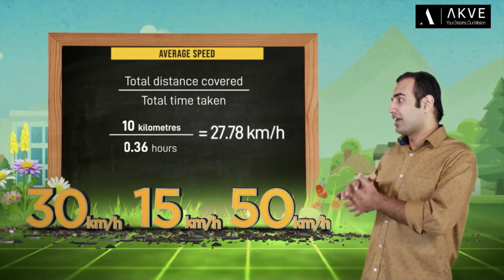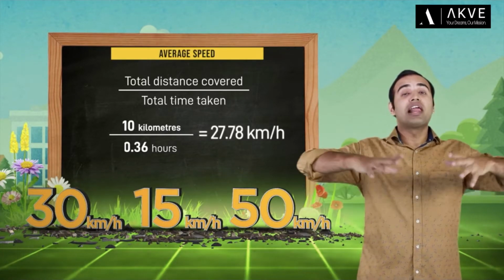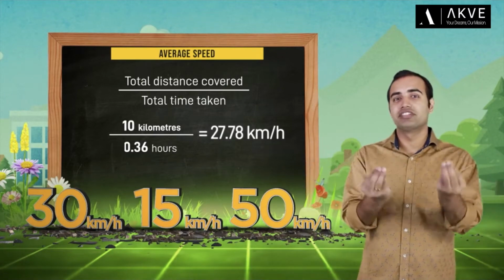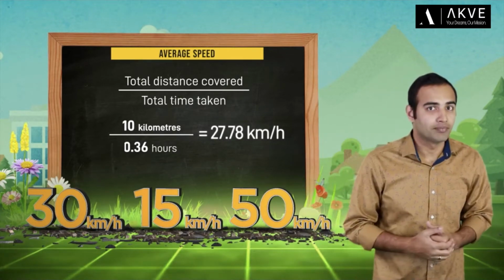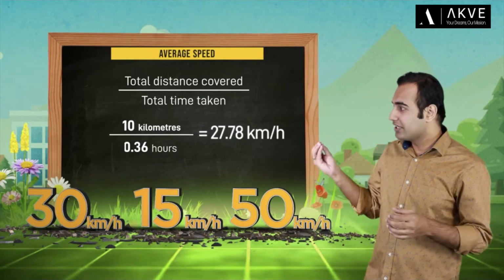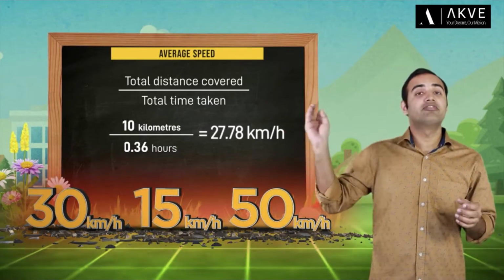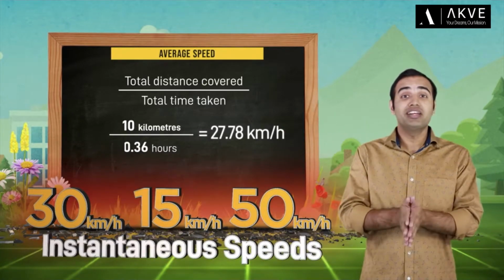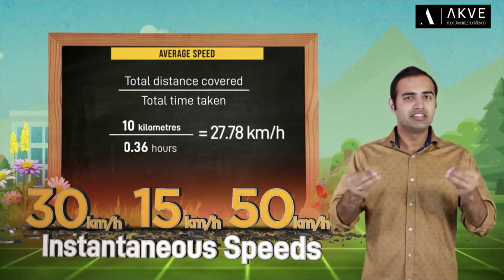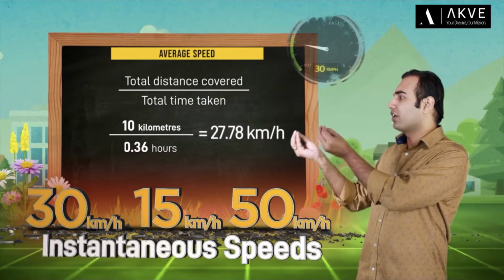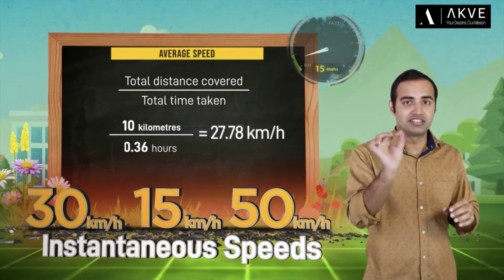Now, average speed, as you can see, gives us an overall estimate of the rate at which the distance was covered with respect to time. But on the other hand, the speeds 30, 15 and 50 kilometers per hour were instantaneous speeds. They were the speeds that the speedometer of the car showed at any instant of time.